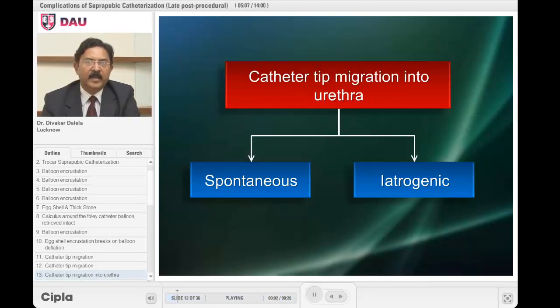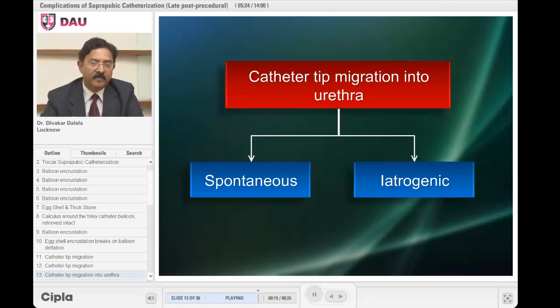The catheter tip migrating into the urethra sometimes happens spontaneously. The patient was living with the SPC, walking, doing his daily life activity, and somehow on its own the tip migrated into the prostatic urethra.